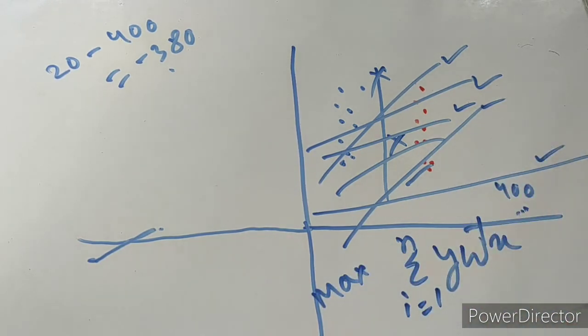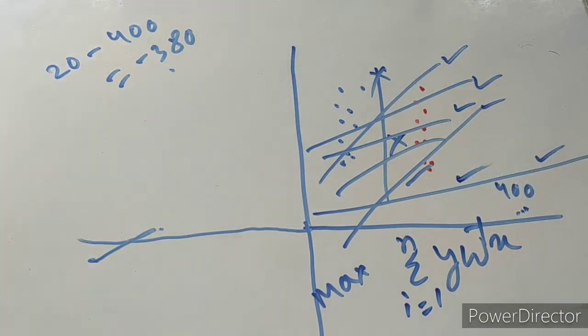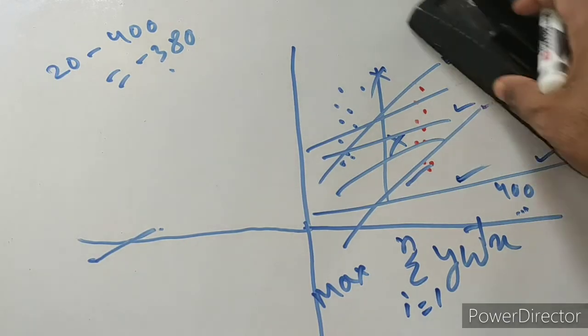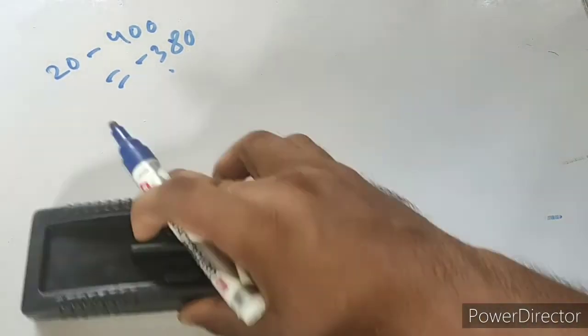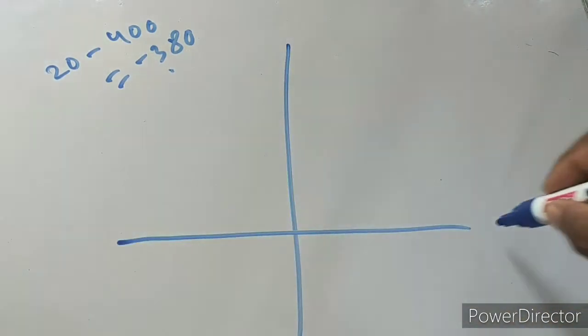So let's check another line for which the value could be different. Suppose we take this line. How is the distance calculated? I'll draw this again, because minus 380 is quite a negative value, and we can find so many values which are higher than minus 380.